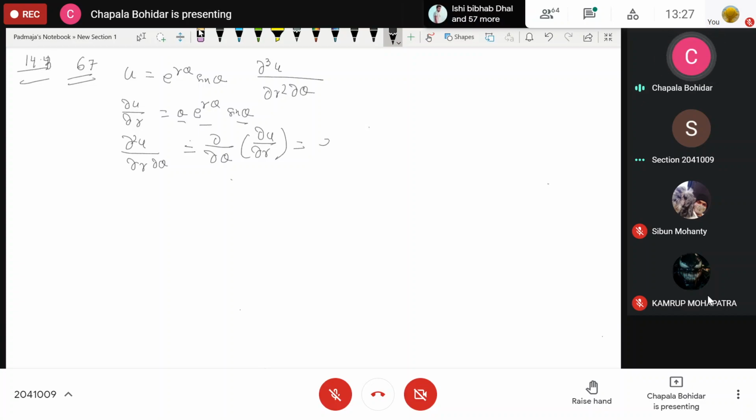First one, what you get: e to the power r theta sin theta, then plus theta r e to the power r theta sin theta, then plus theta e to the power r theta cos theta.